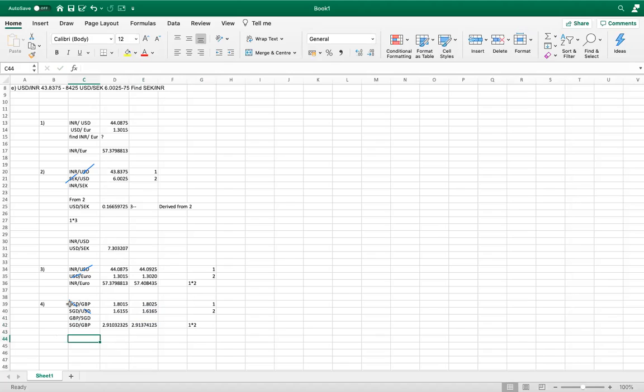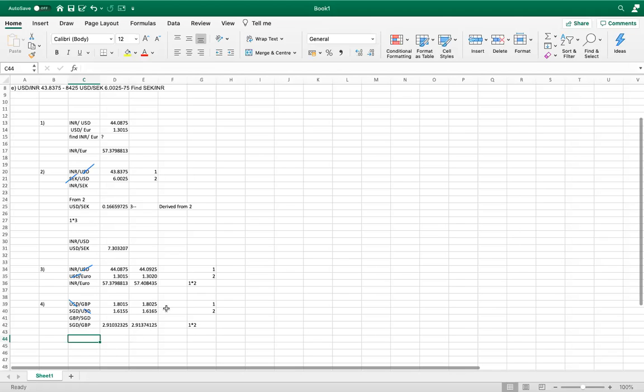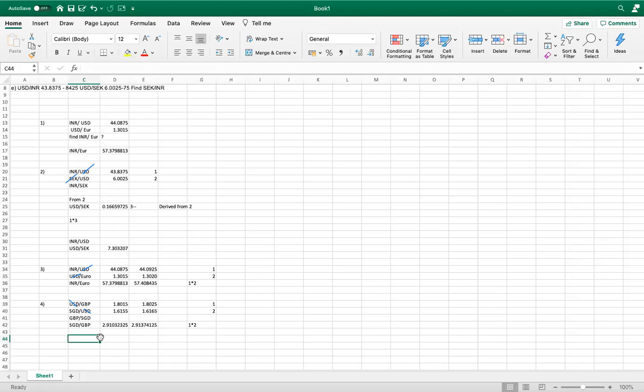Just observe the quotation. When I cancel this, I got SGD, GBP, and I multiplied directly. So to make it the other way, what did we do when we started with direct indirect? I said I'm going to do 1 by. So 1 by bid equals ask, 1 by ask equals bid, right? So to bring it this way, see what I got, what is known, right?